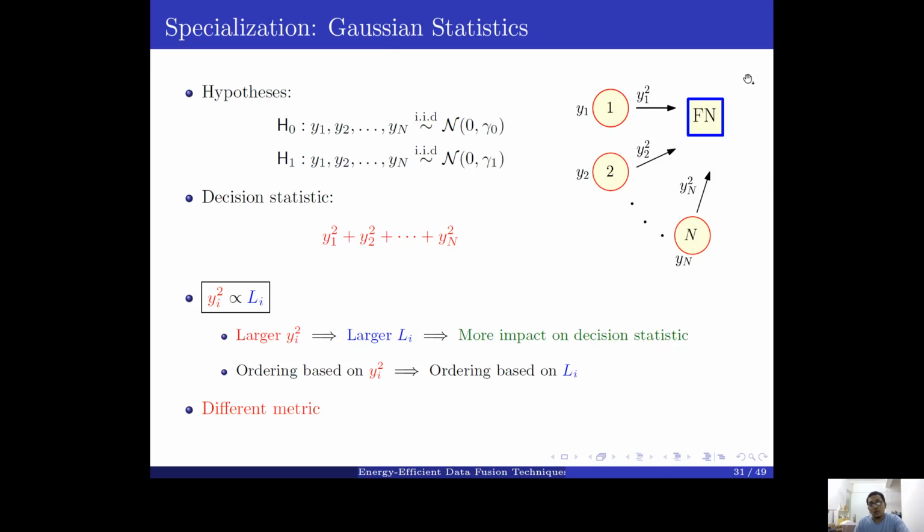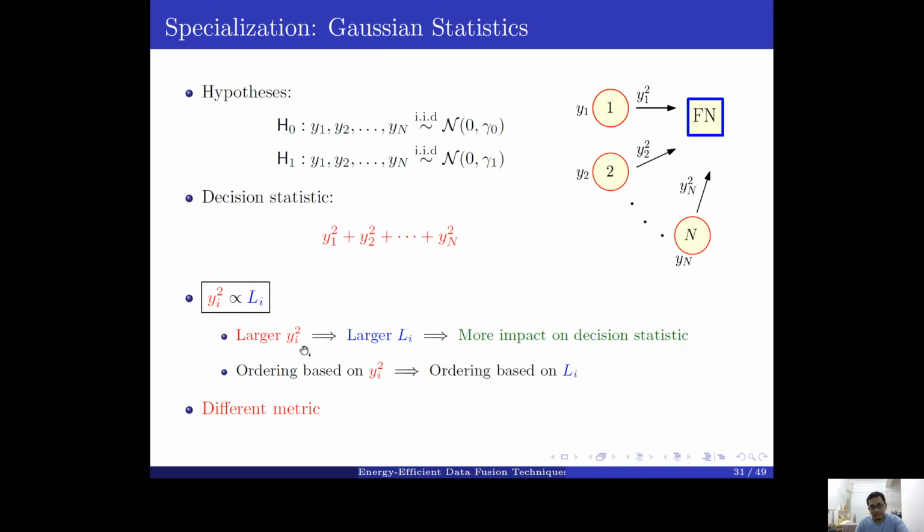On that note, we investigate the binary hypothesis testing problem with Gaussian statistics, where the distributions under the two hypotheses have zero mean but different variances. In this case, the decision statistic is basically a sum of the squares of the measurements. And you can show that yi square is proportional to the LR at node i.